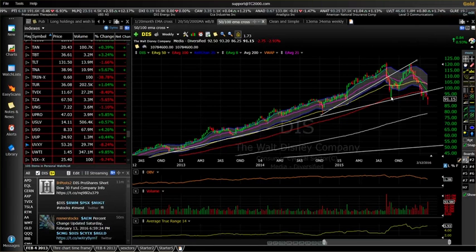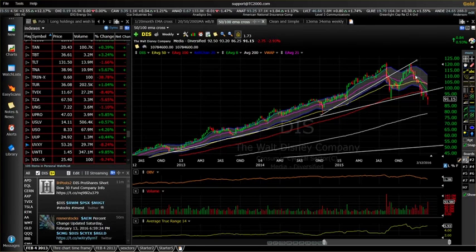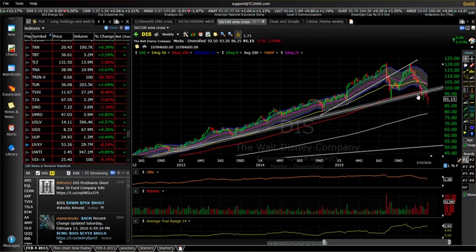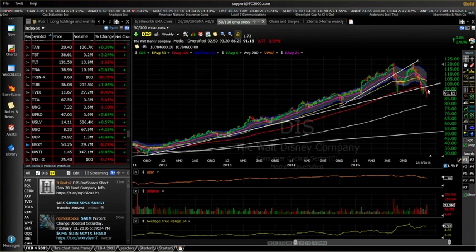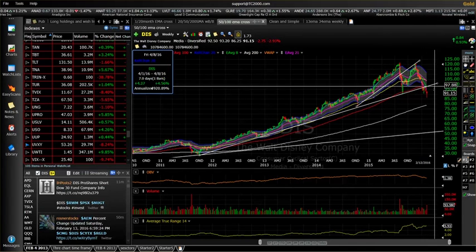Once it broke through, it acted as resistance and then pulled back. And now we've broken through this second trend line where it will likely act as resistance on the way back up.